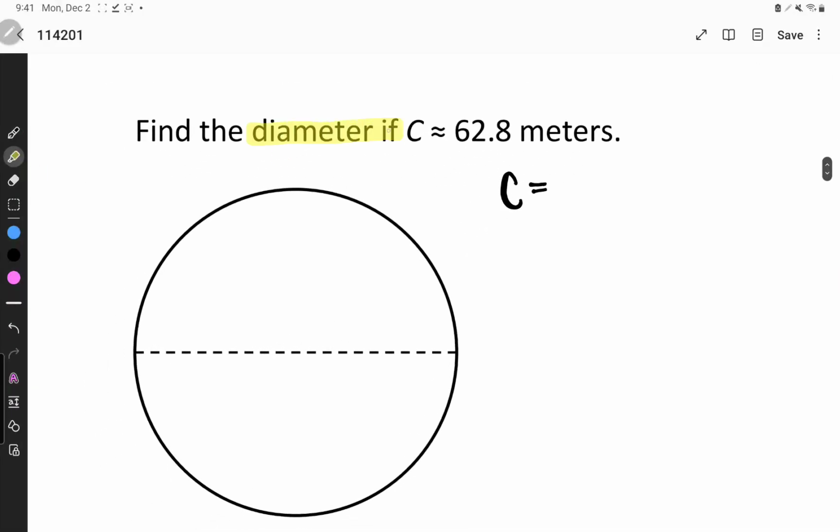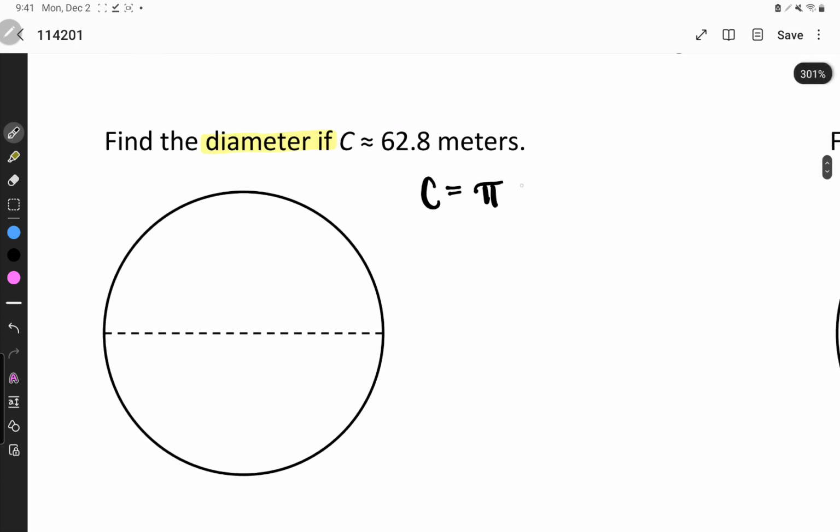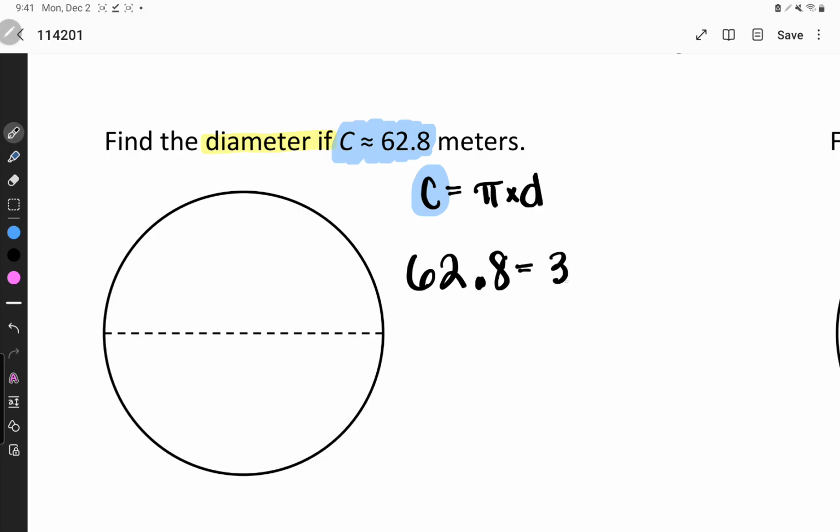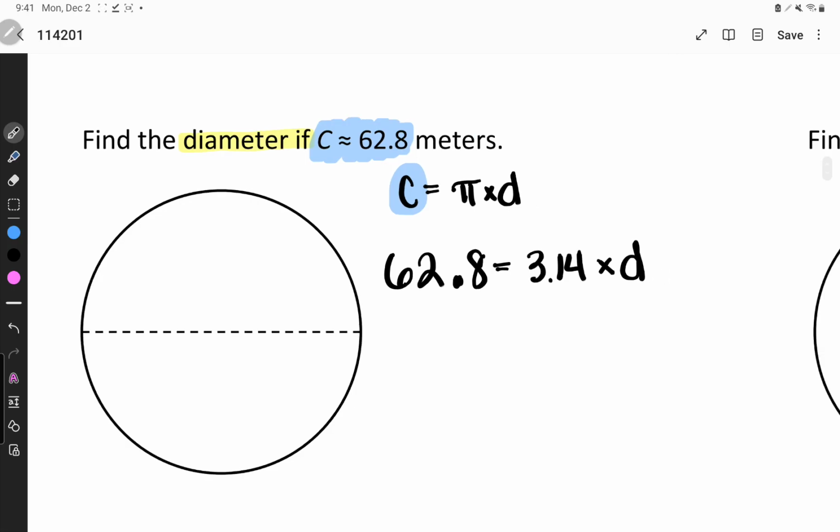This one says diameter, so I'm going to use my formula that has diameter, which is pi times diameter. Where it says that C is about 62.8, in for C, I'm going to put 62.8. And then I'm going to write 3.14 times diameter.